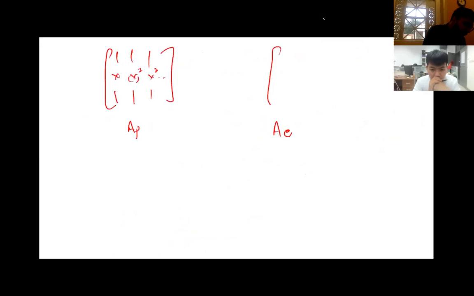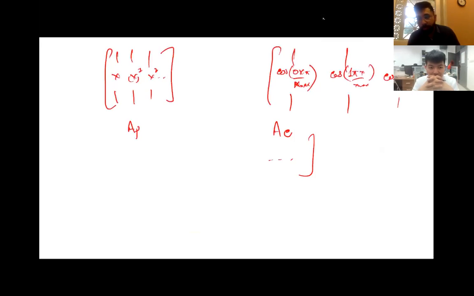So this would be cos of 0 pi x by some factor x max, cos of 1 pi x by x max, cos of 2 pi x by x max, and so on, M number of bases. Okay.